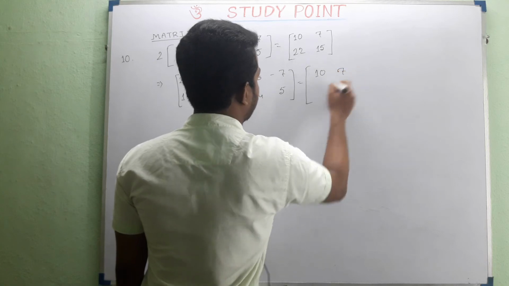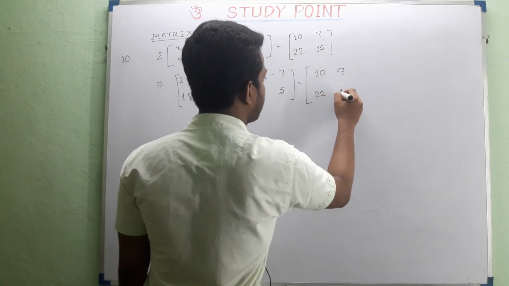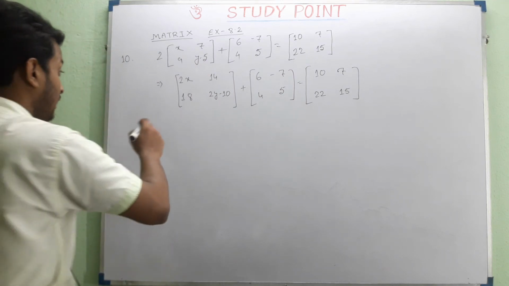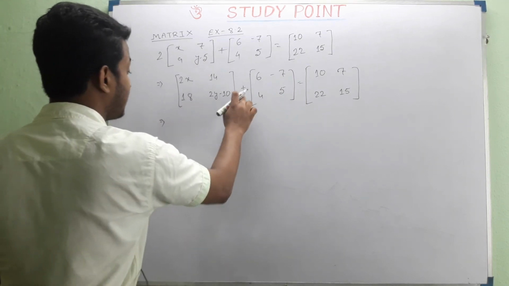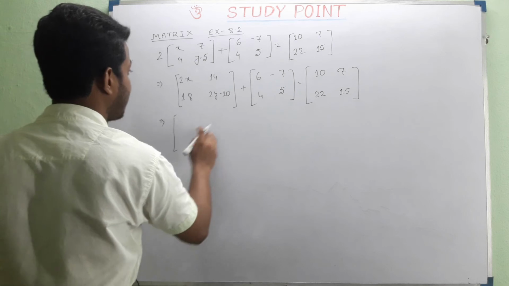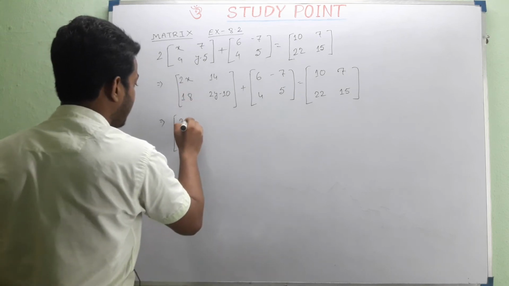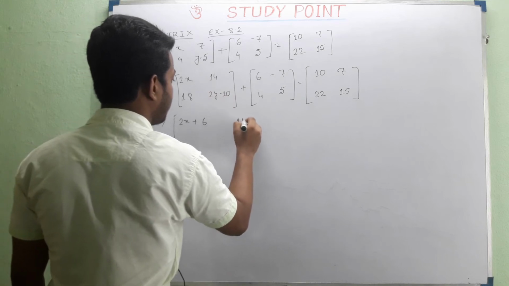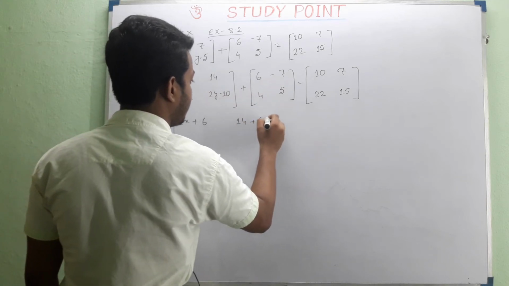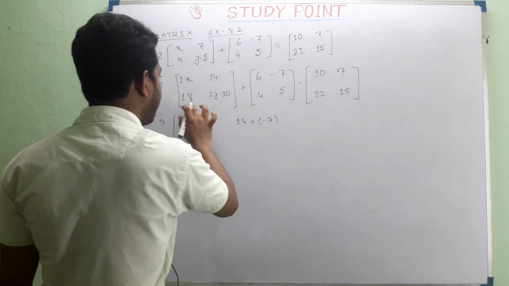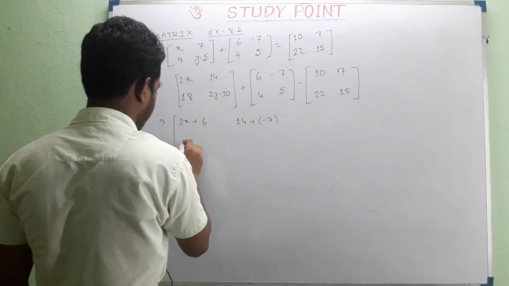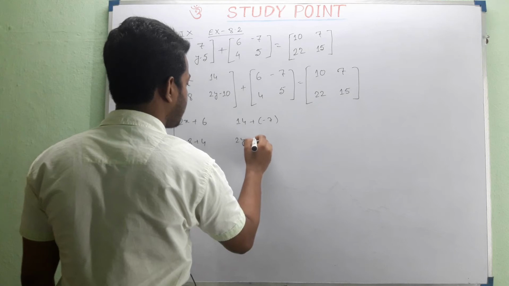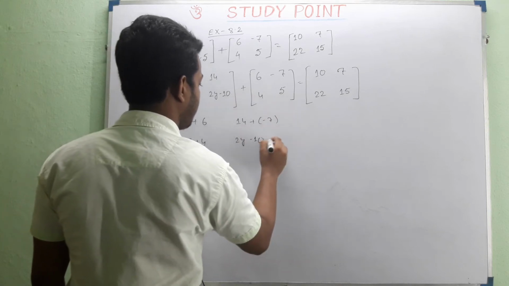And because there is no multiplication term here, just write the remaining thing. And after writing all this, you can see the addition sign is over here. So we have to add 2x plus 6, 14 plus of minus 7, 18 plus 4, 2y minus 10 plus 5.